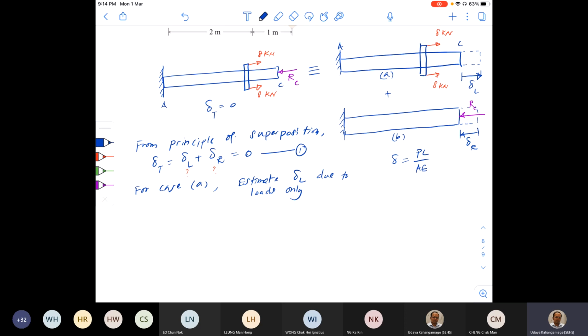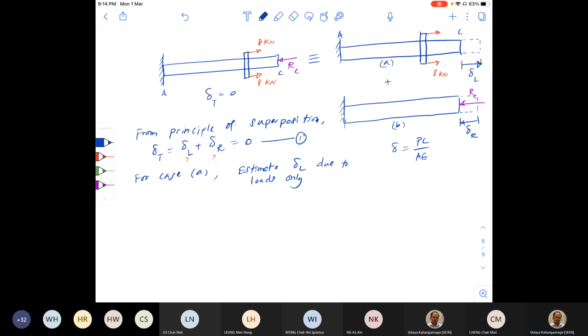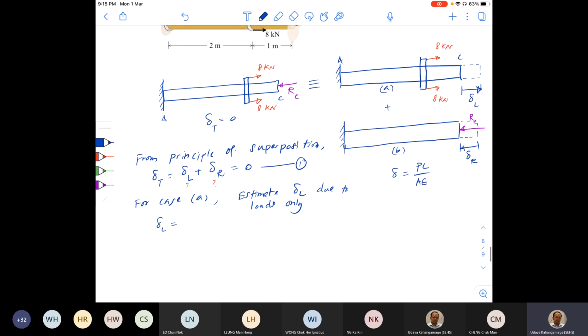So what is the total contraction delta L? Can we directly write delta is equal to PL over AE? Now here there are two parts, right? So if I mark this A to B as part 1 and B to C as part 2, we have to apply the delta equals PL over AE equation to BC and AB separately and add them together.